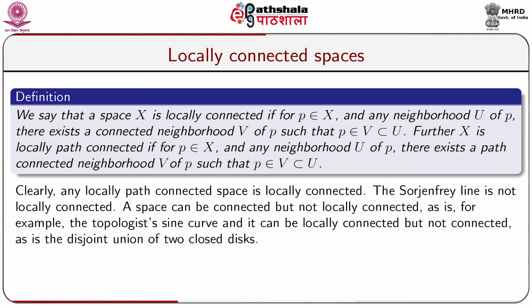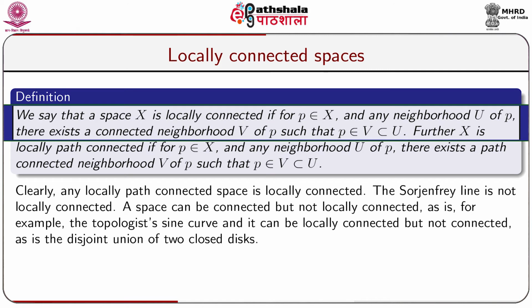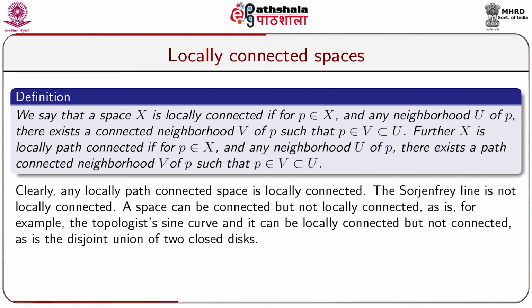Let us first define locally connected spaces. We say that a space is called locally connected if every point of it has a neighborhood which is connected. That means if P belongs to X and U is any neighborhood of P, there exists a connected neighborhood V of P such that P belongs to V, which is contained in U.